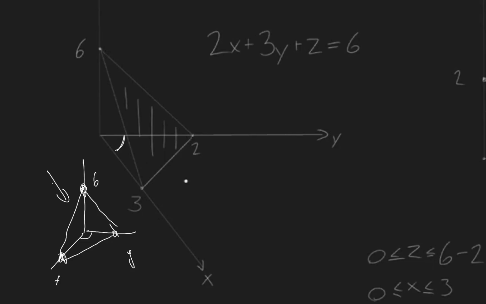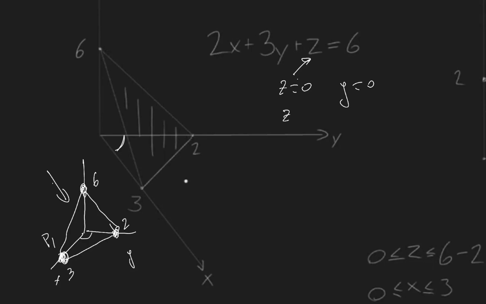This is when theta equals 0. This point, P1, is when z equals 0 and y equals 0. So if z equals 0 and y equals 0, 2x equals 6, so this is the point 3, and this is the point 2.